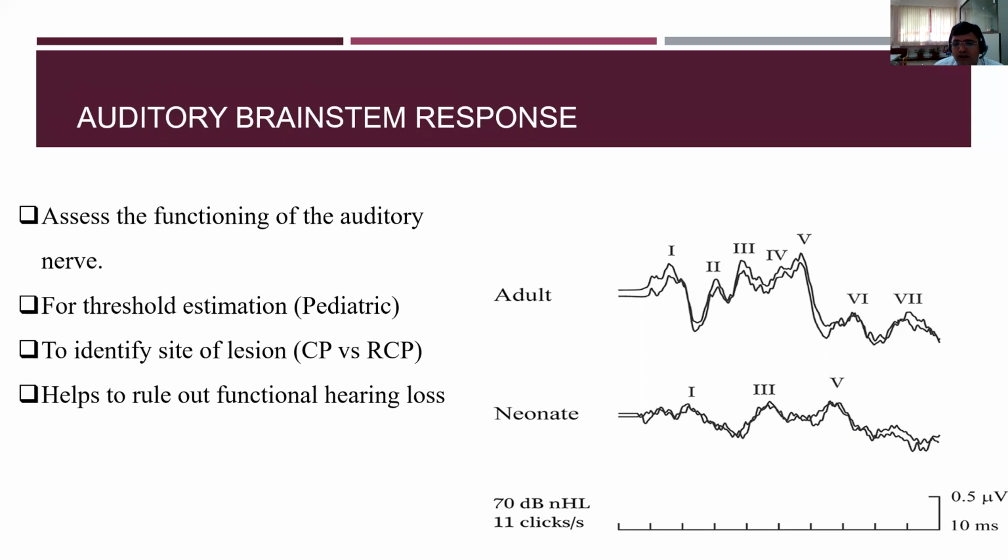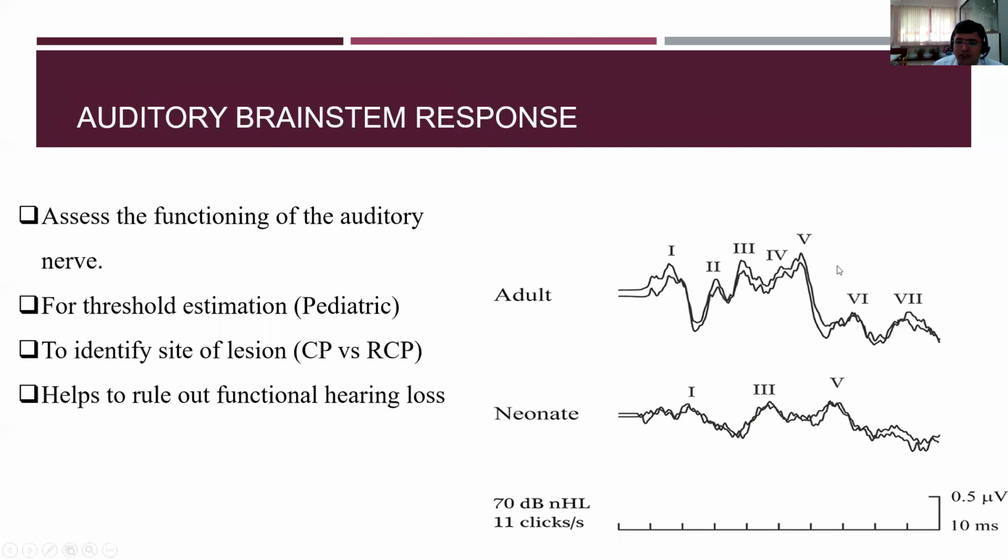For the site of lesion, the absolute latency, interpeak latencies, interaural latency differences, and amplitude are important indicators. Whereas for threshold estimations, the clinician mainly looks at the presence or absence of these peaks. It also helps you to rule out individuals who are pretending to have functional hearing loss.